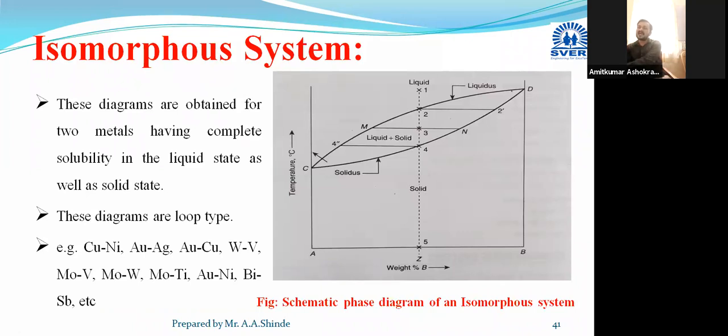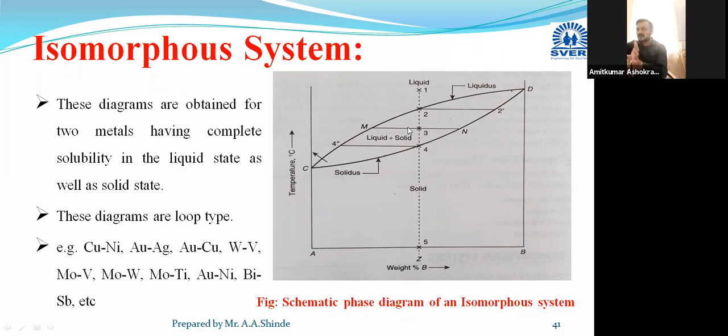Microstructural changes happen during the cooling of whichever different alloys are possible. Now here in the isomorphous system, this is a loop type system. This system will have a loop type phase diagram. Hence, suppose you have considered any composition here, here, here, then the microstructural changes occurring are the same.